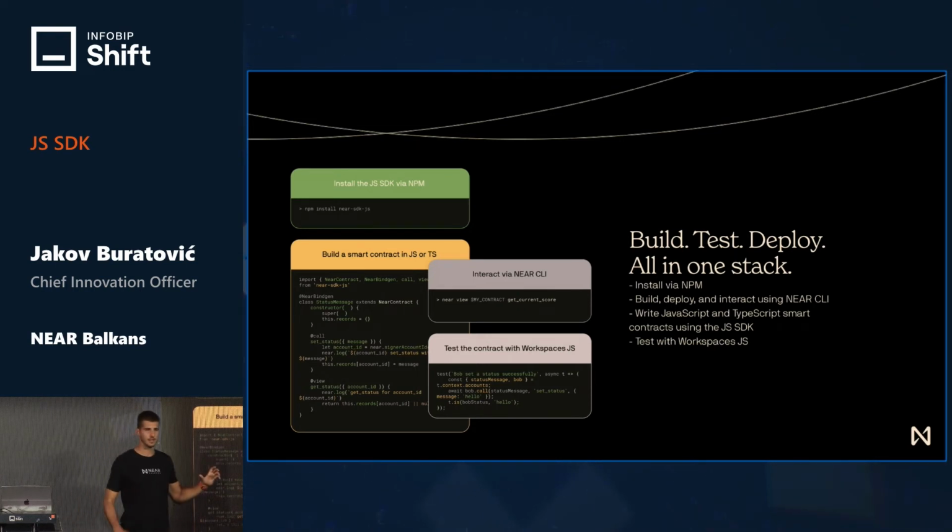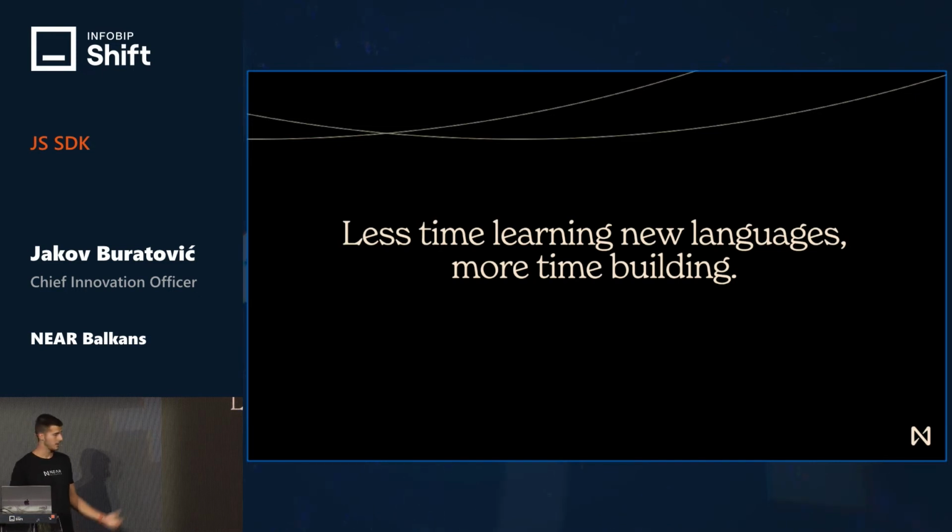And everything is done in JavaScript. So your contracts, your front end, your tests, everything is written in JavaScript. You use workspaces.js, and you don't have to learn anything new. We can move on. So yeah, this is the motto: spend less time learning new languages, and you have more time to build.